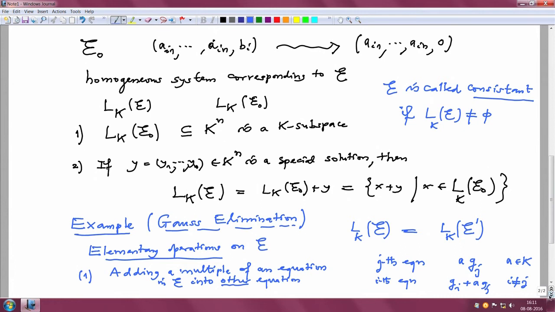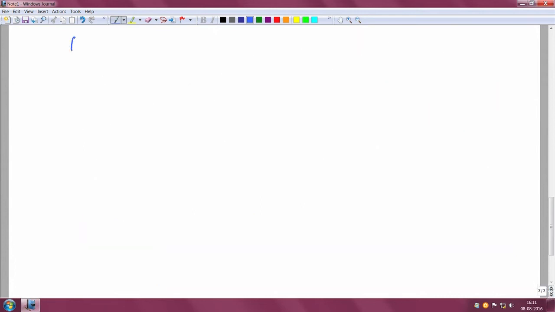Second one, multiplying an equation in E by a non-zero scalar multiple.